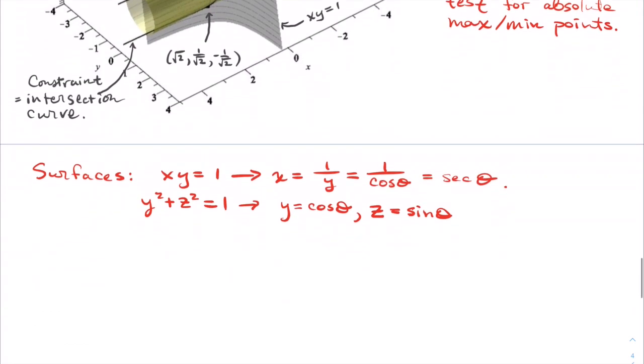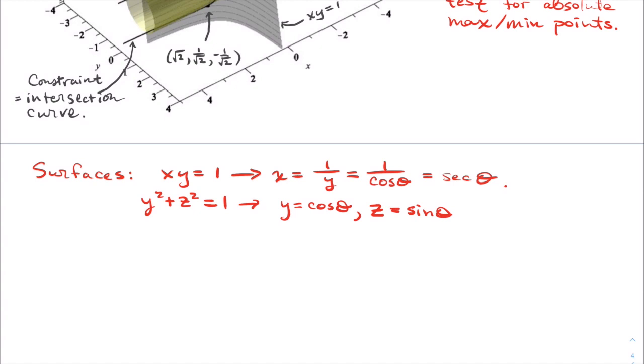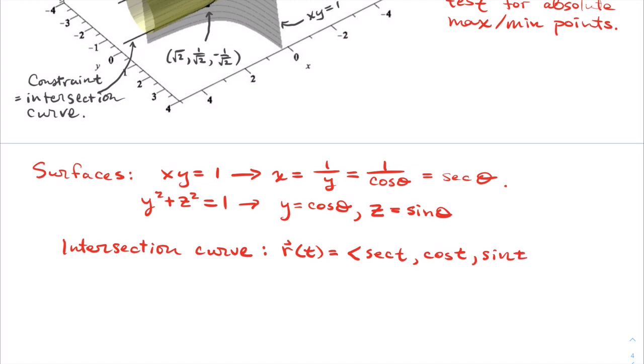Okay, so that tells us that the intersection curve can be parameterized by an r of t. So if x is sec t, then y would be cos t, because y is 1 over x, and then z would be sine t, like that.